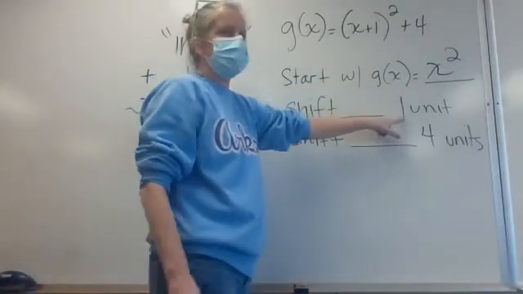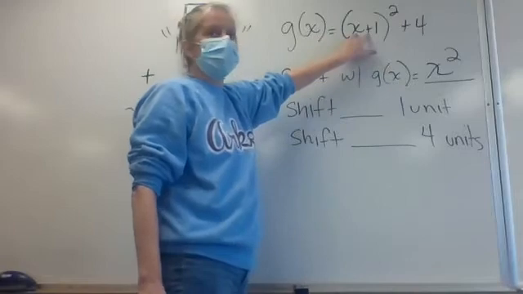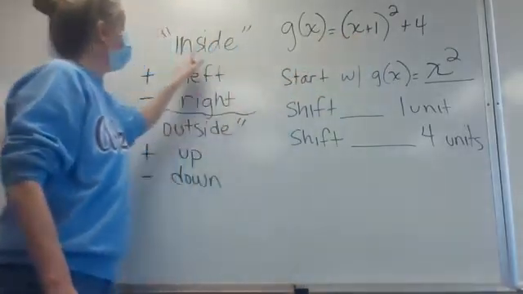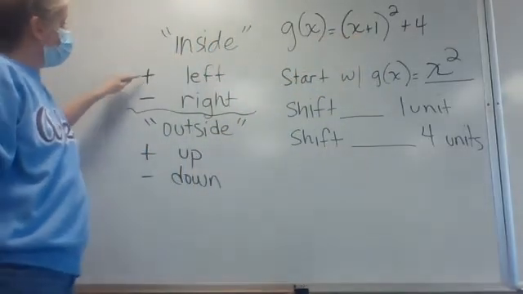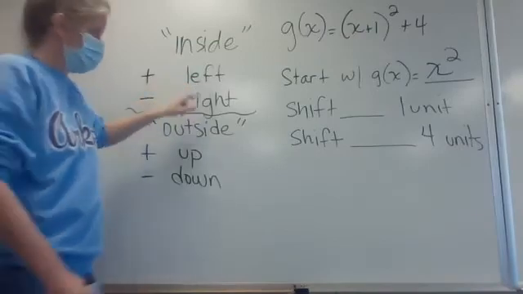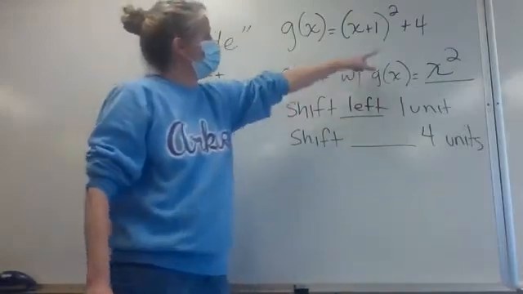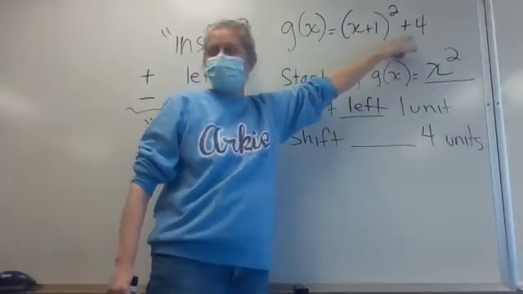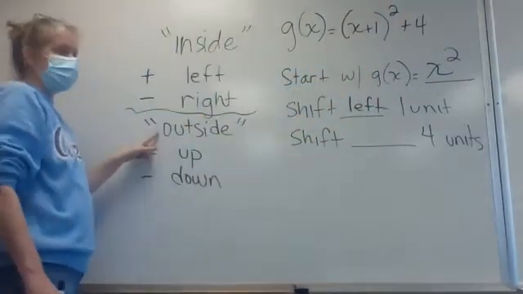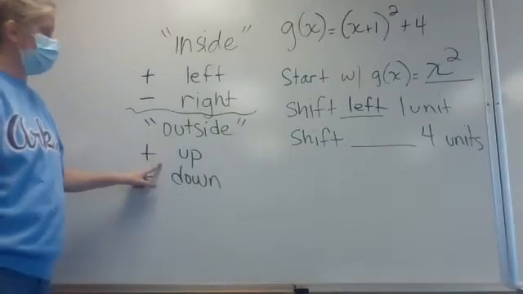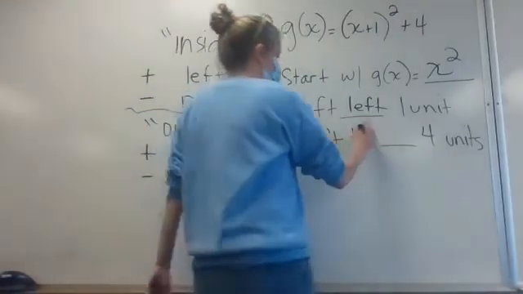You're going to shift it blank 1 unit. Here's my 1. What kind? It's an inside, right? Inside plus, shift you left. Then blank 4 units. So there's my outside shift, which is vertical, up or down, plus shifts you up.